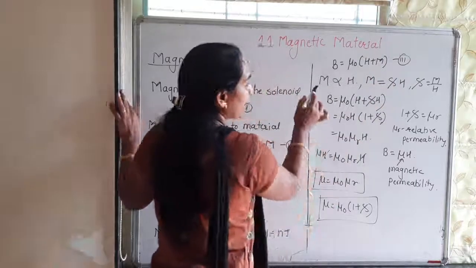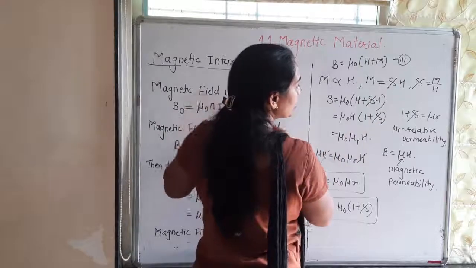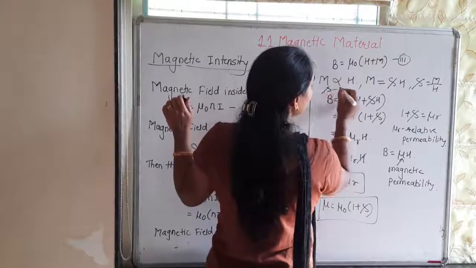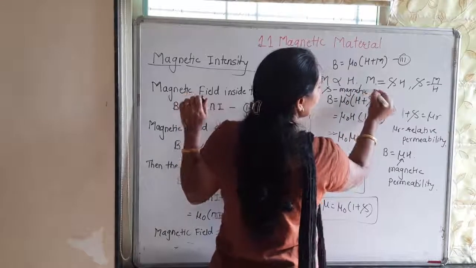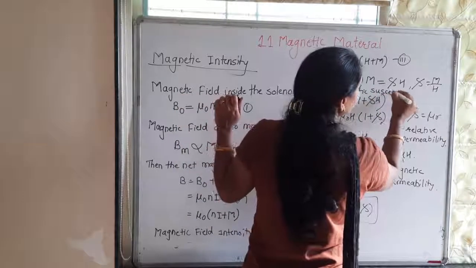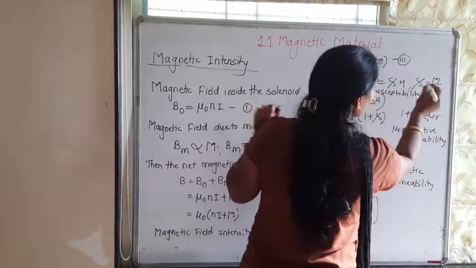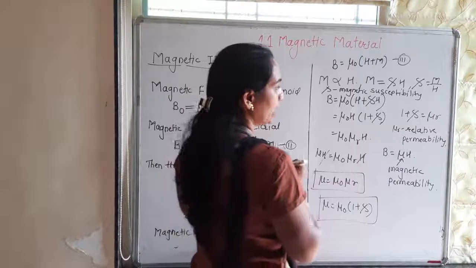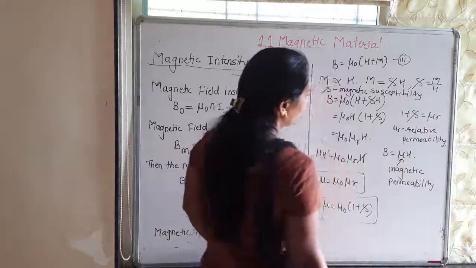Magnetization is proportional to H, so M is equal to chi into H, where chi is called the magnetic susceptibility, the ratio of magnetization upon magnetic field intensity.